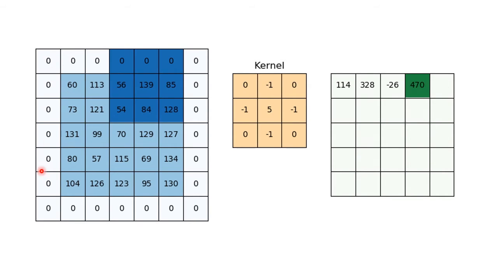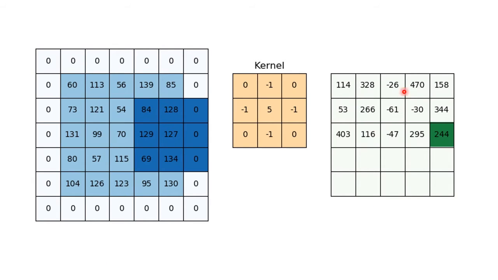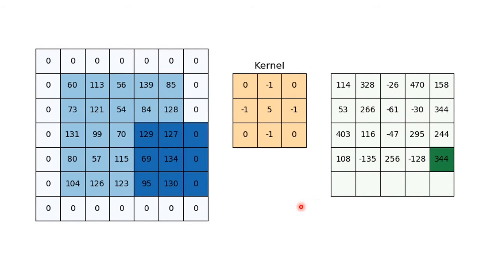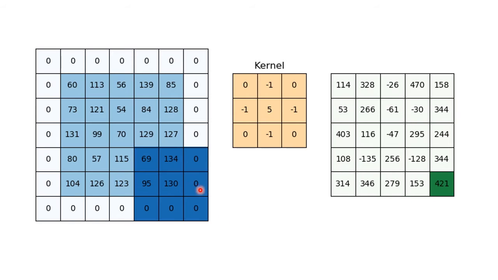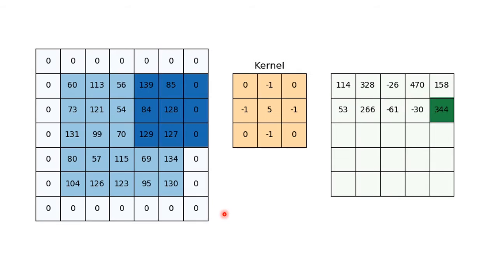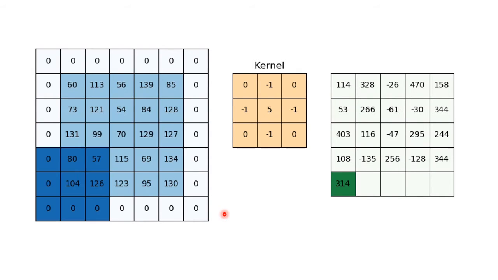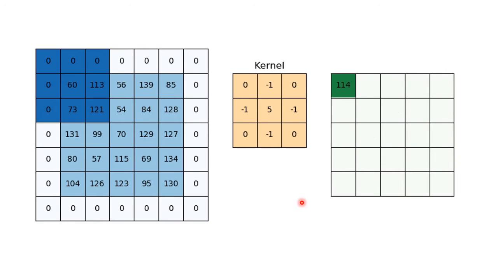Without this zero padding, the resulting matrix will necessarily be smaller because the edge pixels will never have a chance to host the center of the kernel without part of the kernel slipping out. As a result, the border information will be lost in the resulting matrix.